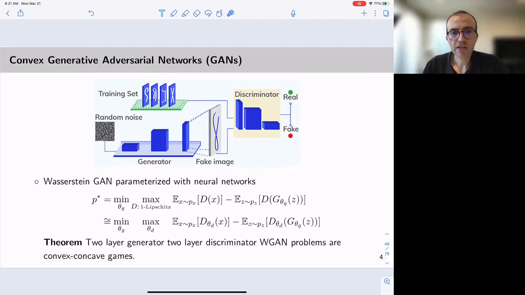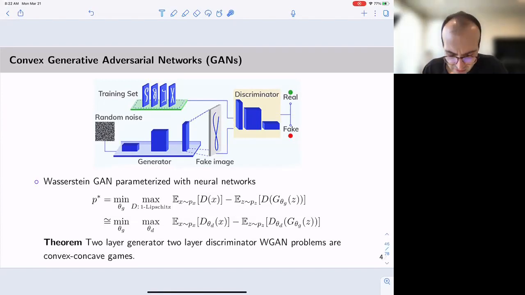Before that, let me tell you about generative adversarial neural networks. So these GANs are used for generating fake images, fake samples. And there are 2 neural networks. One discriminates whether it's real or fake, and one generates the images. And it is usually formulated as a saddle point problem, minimize, maximize, some objective with respect to generator and discriminator.